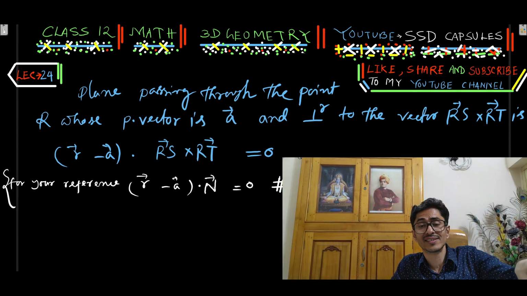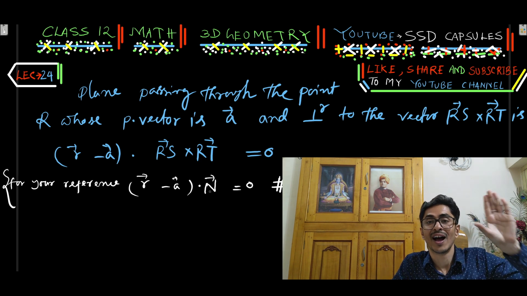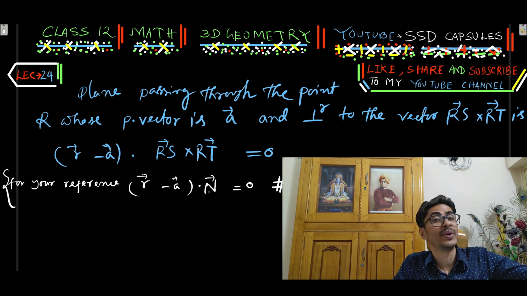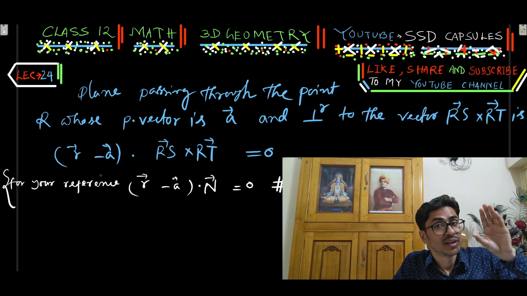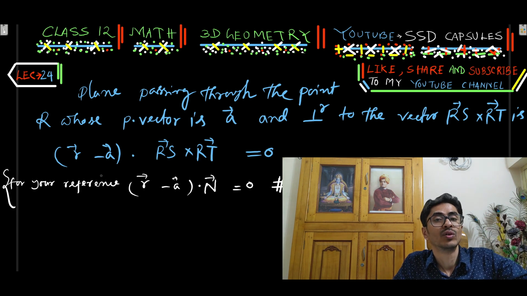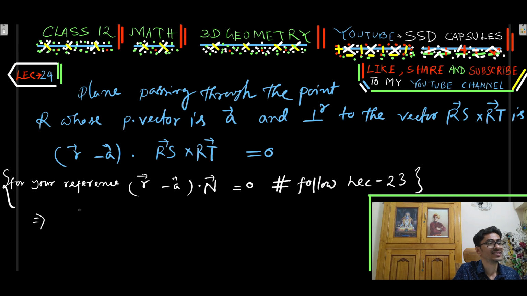Here n vector is RS vector cross RT vector, because this RS vector cross RT vector is perpendicular to the plane, and here a vector, that is the point R, is nothing but a point on the plane. So what is the RS vector?